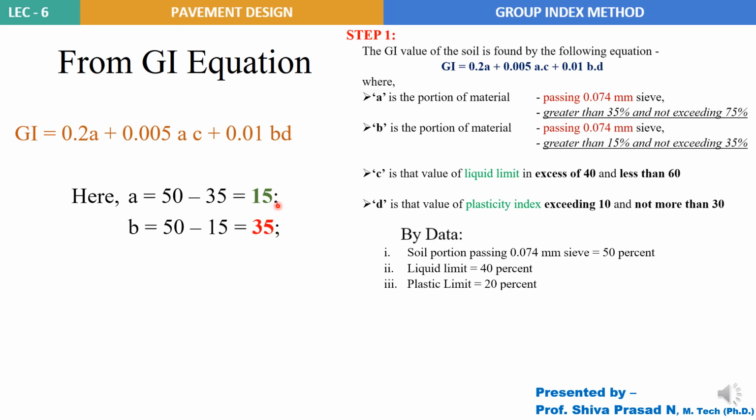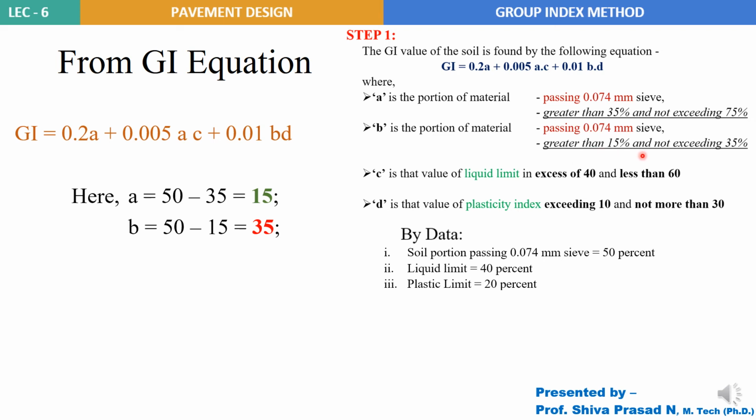Next, B. B is the portion of material passing 0.074 mm sieve greater than 15% and not exceeding 35%. So B is nothing but that portion of the given percentage passing value, that is 50%, which is in excess or greater than 15%.